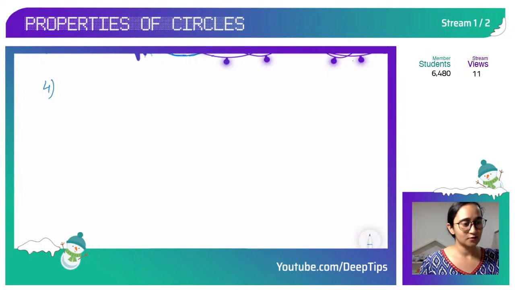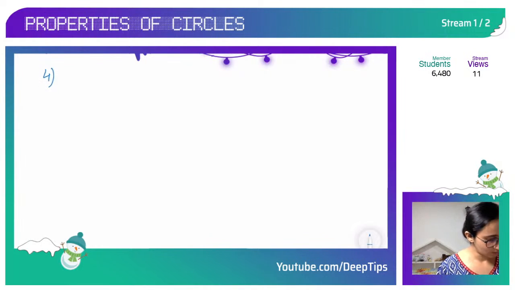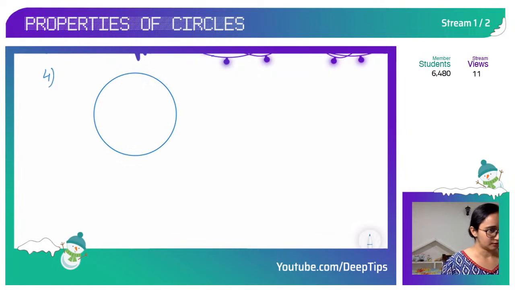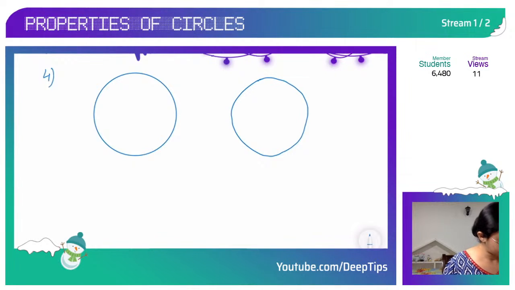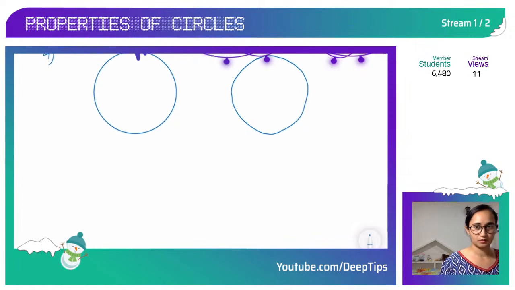Okay. So now let's do something very important and interesting. Children, first I am drawing the figure, then I'll explain. I need 3 circles to explain.